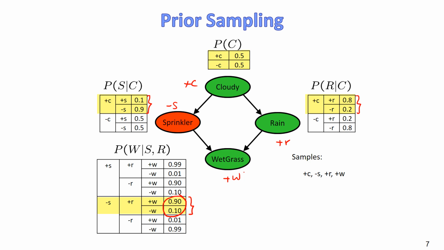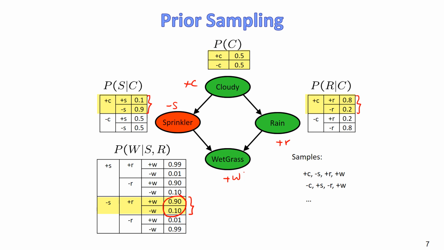Now we simulated an event that is happening in that environment. Cloudy, not sprinkling, raining, and the grass is wet. So that's one sample. I can draw another sample. So in the other sample, we got minus C plus S minus R plus W, and so on. So we can draw multiple samples.